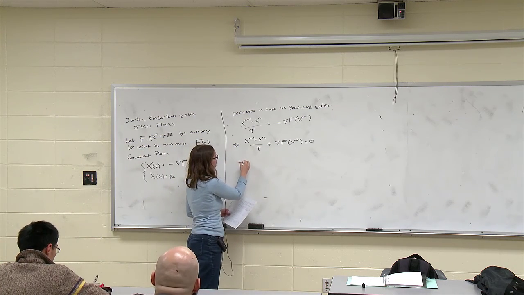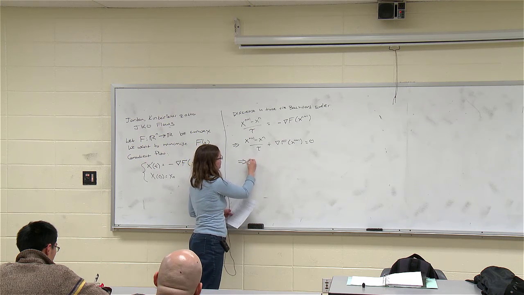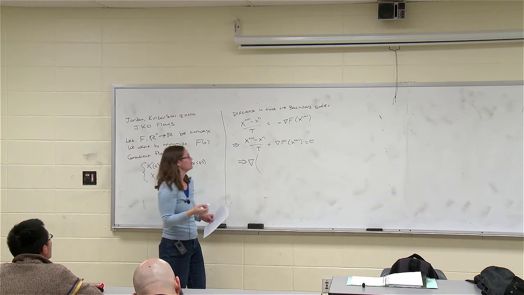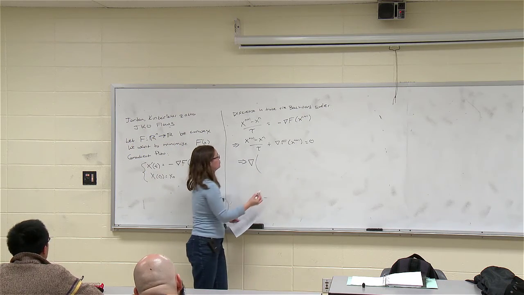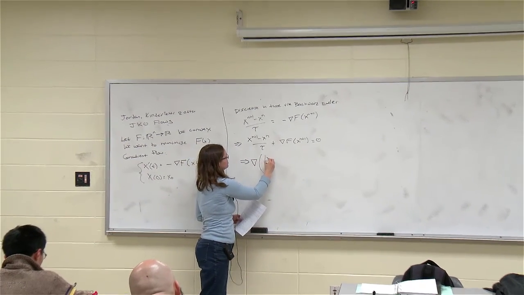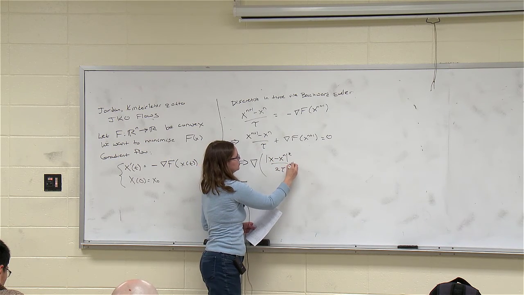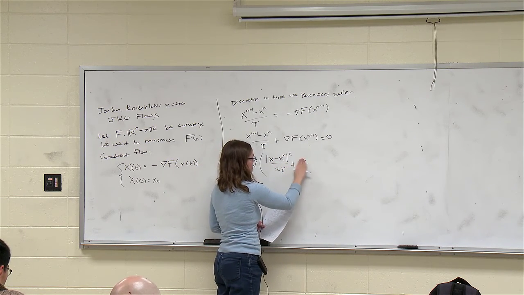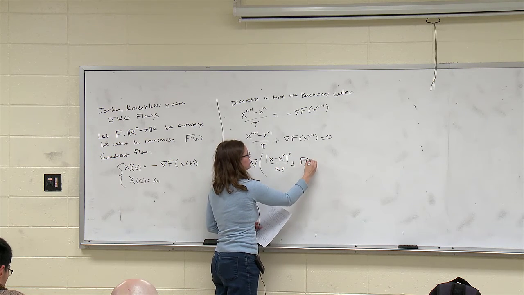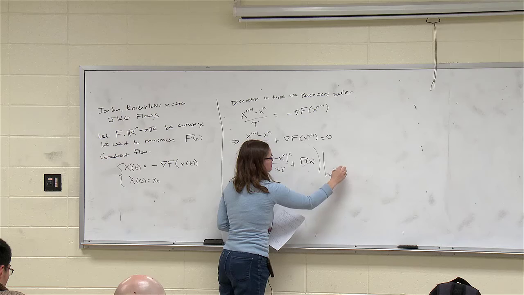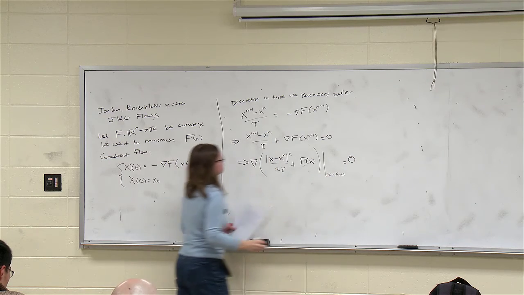So if I want to do that, let's write this as the gradient of (x minus x_n) squared over 2 tau plus f of x, evaluated at x equals x_{n+1}, because we have an x_{n+1} here, and this is equal to 0.